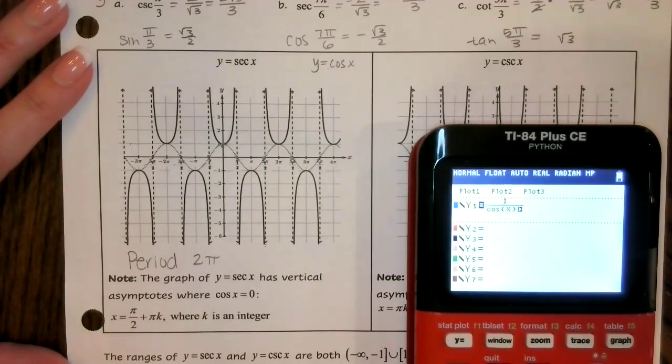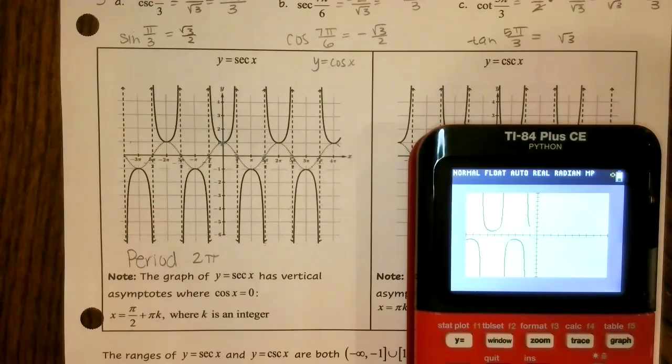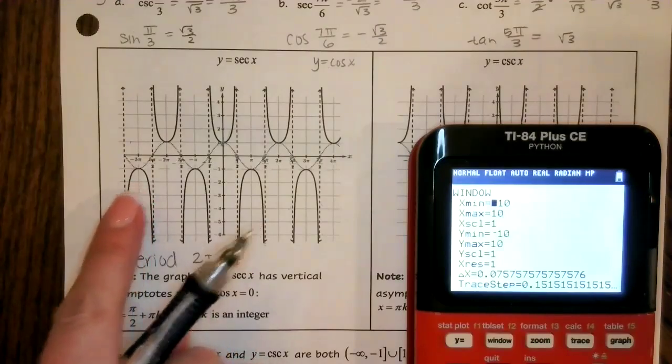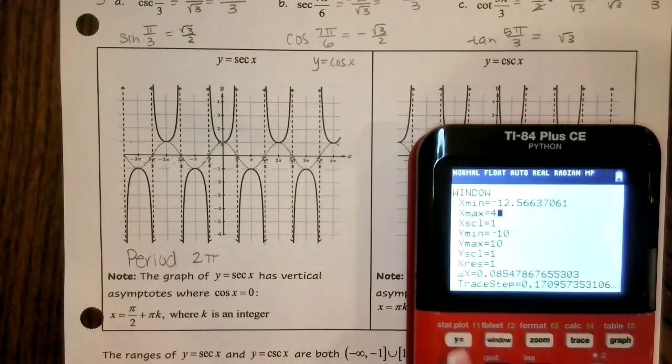Of course, we have it in radian mode because that's what we're always going to have in AP Pre-Cal. And then I hit graph, and there is my graph. The window's a little bit different than the one that we have on the paper. You could always make it exactly the same window if you wanted to by going to window and then going to negative 4 pi and positive 4 pi.